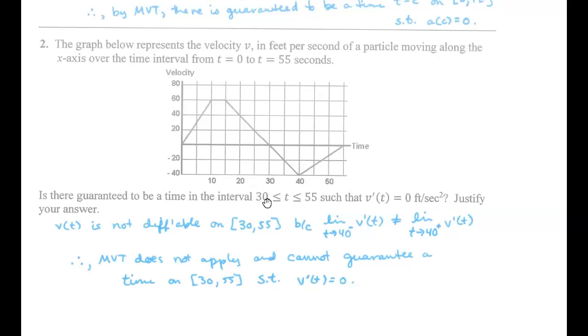So we're only looking from 30 to 55, where my velocity is negative. So velocity is not differentiable because at t equals 40, you have a corner. Therefore, MVT does not apply. So since MVT does not apply, you're not guaranteed that the derivative will equal 0.